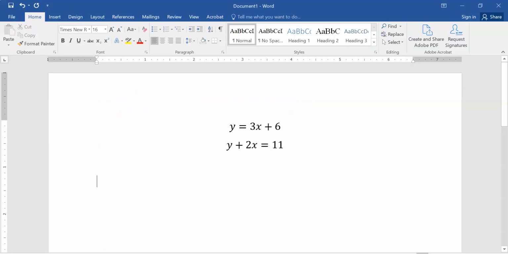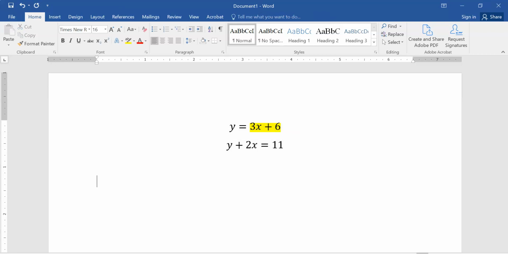So here we go. We take this 3x plus 6, and I'm going to replace this letter y. So replace this y here with the 3x plus 6.